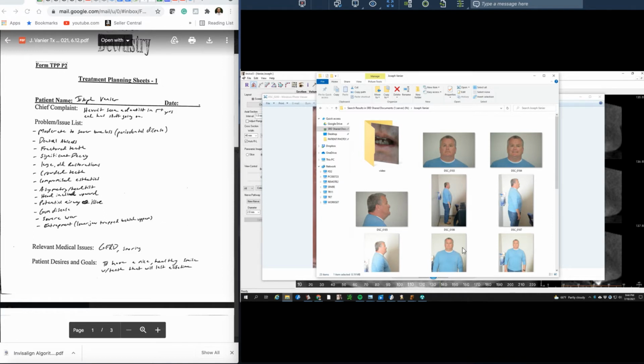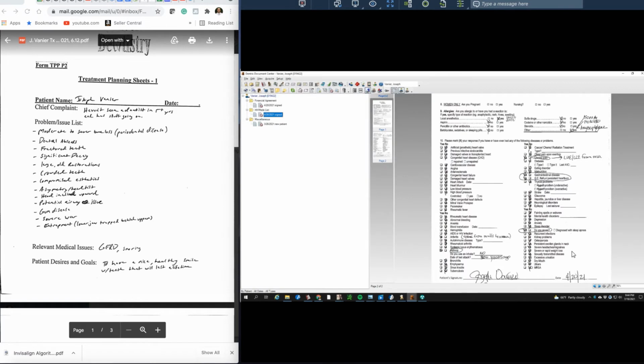Potential airway issue. He did have snoring on his med history. Let's bring that up real quick. So he circled snoring, acid reflux. If you see a guy with an 18-inch neck, acid reflux, snoring, and some parafunction, definitely somebody likely to have sleep apnea.